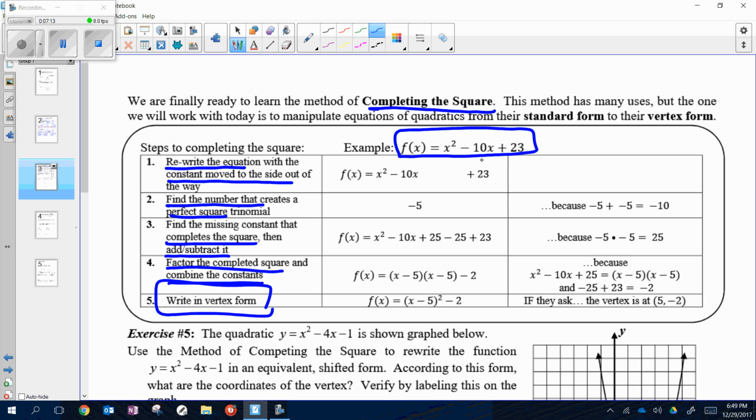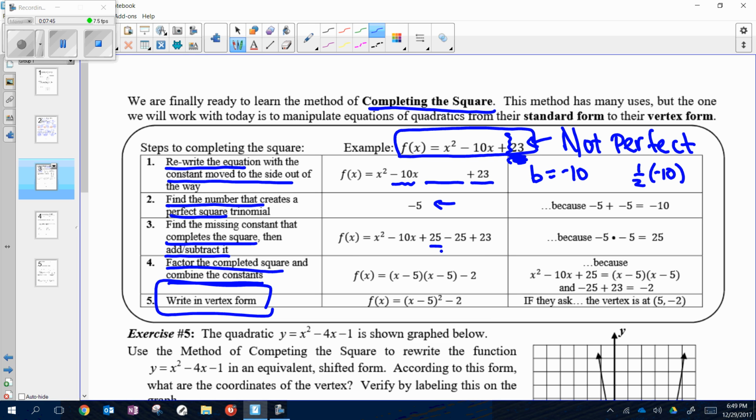Here's our example. We're going to take the 23 and just push it aside because he's not a perfect square. We're going to try to make him be perfect, but he's not right now. So avoid him. He's not very helpful. Move him to the side. Create a space. Think about b. In this case, my b value is -10. Take half of it. That's where this -5 is coming from. So I took half of -10. I got my -5.